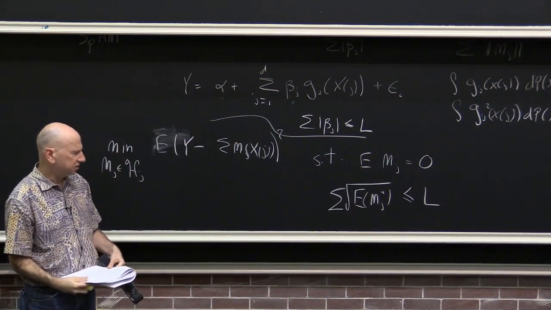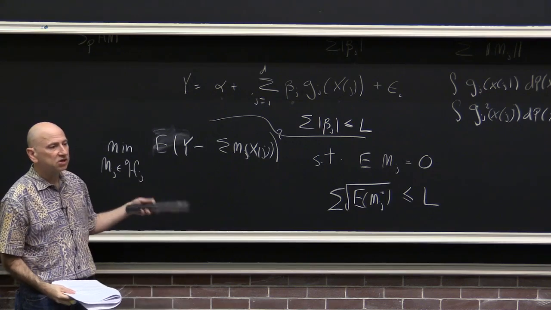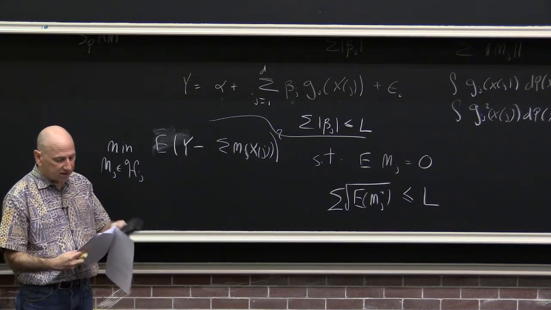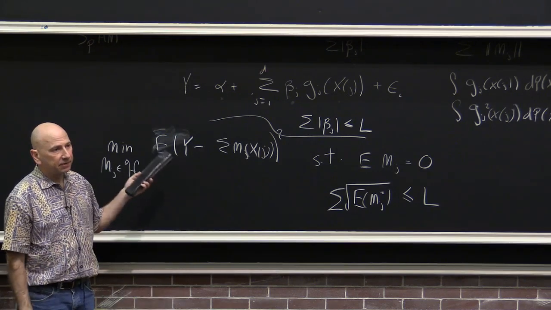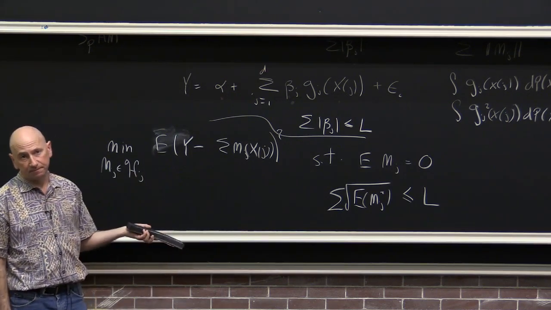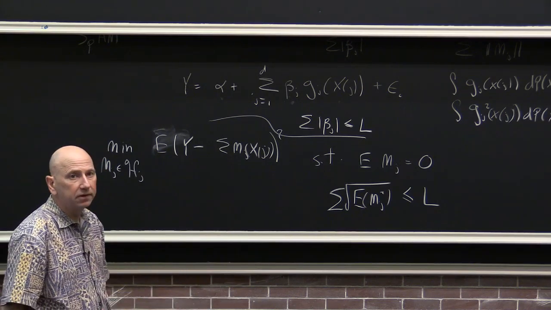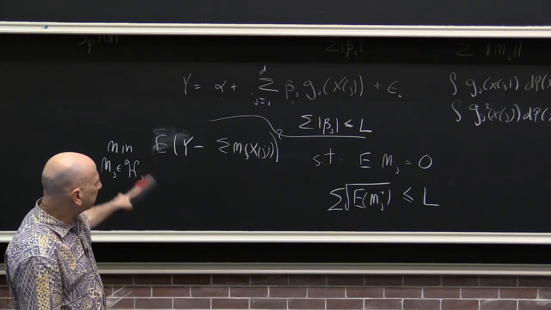That's the sparsity constraint. It turns out that the solution to this sets some of the functions equal to 0. The property we want is to set some of the whole functions equal to 0. This is the problem we'd like to solve.